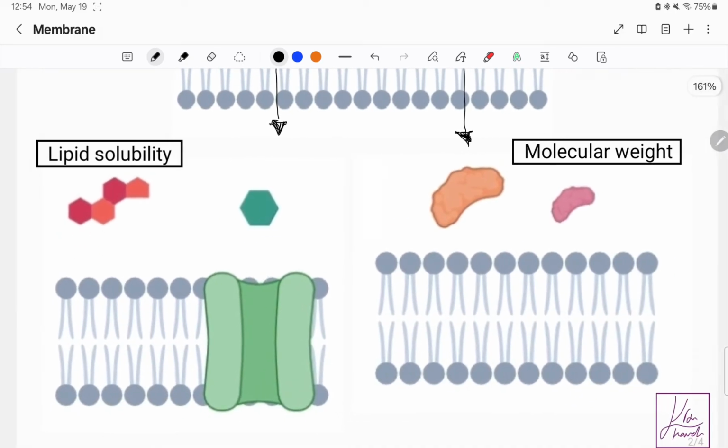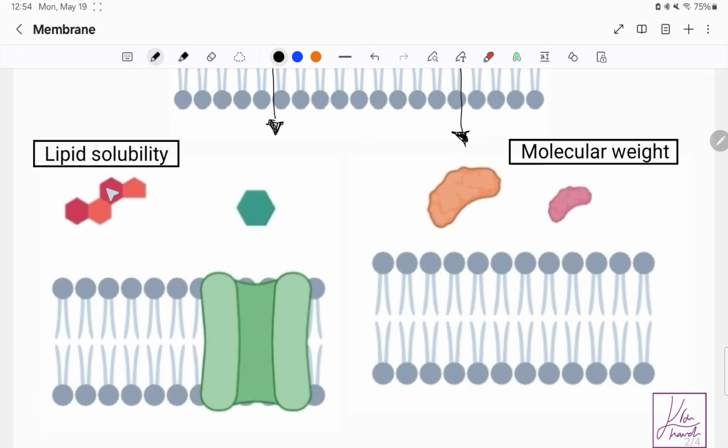The next thing is solubility, specifically lipid solubility. I say this because the membrane, for the majority of it, which is these tails, is hydrophobic, and these hydrophobic tails are just fatty acids, aka lipids. You ever heard the term "like dissolves like"? Well, it's the exact same.